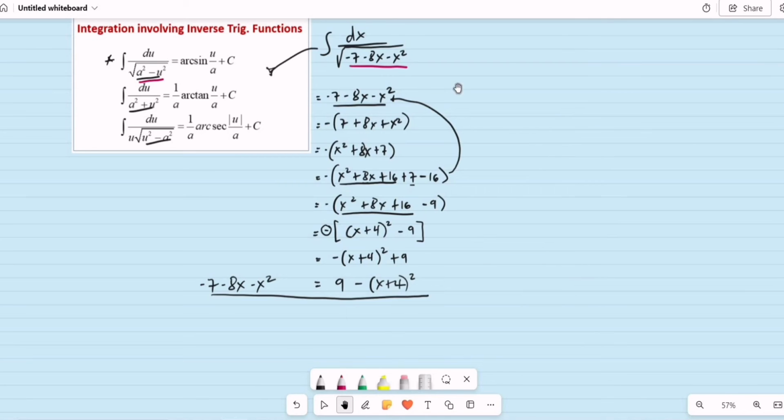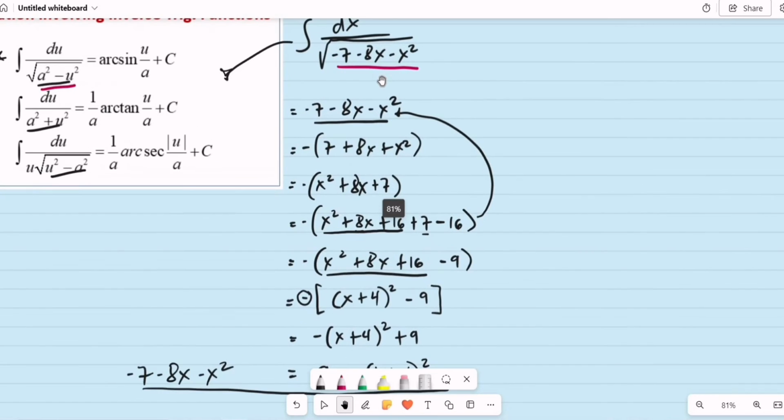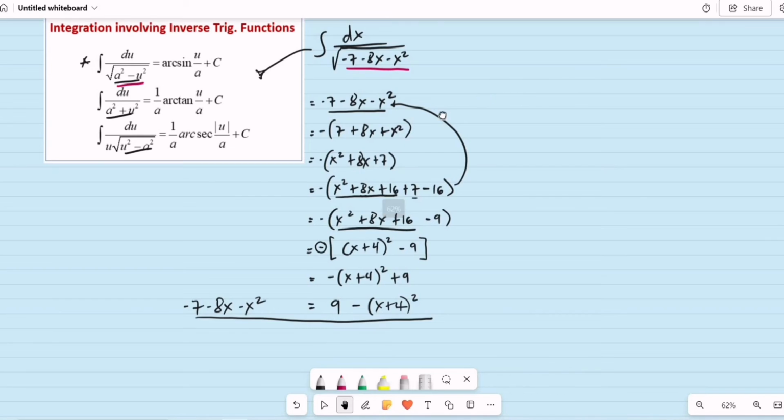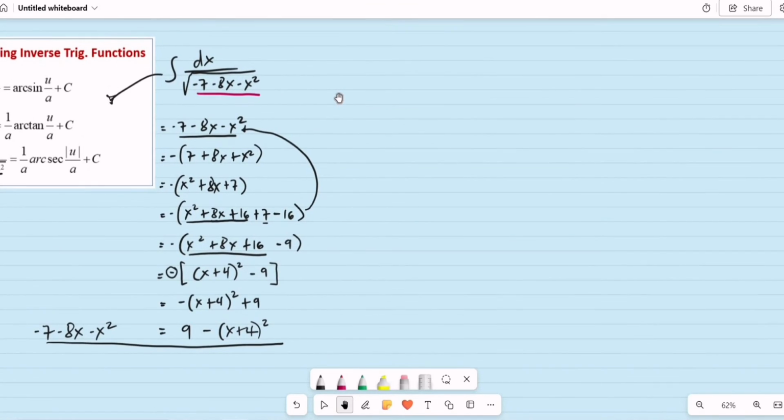So we can express our terms inside the radical sign as 2 terms. Therefore, we can rewrite this as the integral of dx divided by the square root of 9 minus the quantity x plus 4 squared, which is the equivalent of negative 7 minus 8x minus x squared.